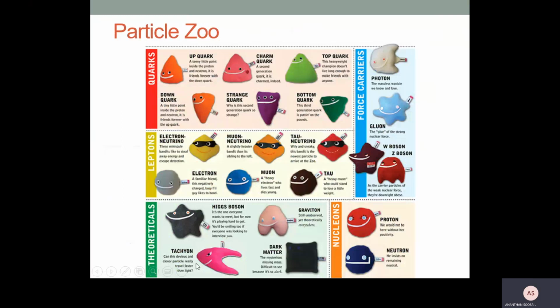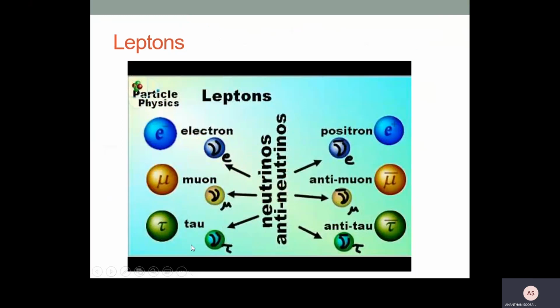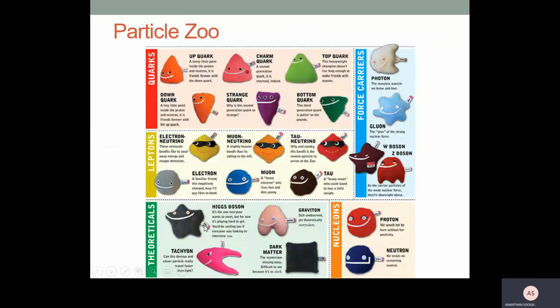So this is called the particle zoo. Don't get worried about too many particles here. The important ones you need to know are the quarks and the leptons. The third group you don't need to know, it's not in your syllabus. For the quarks, you need to know the up quark, down quark, and strange only.